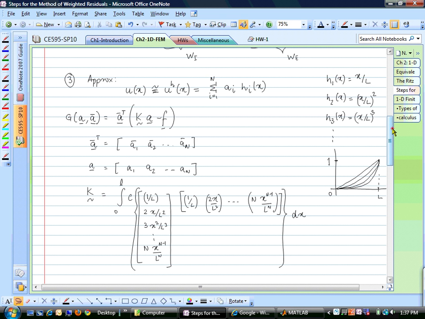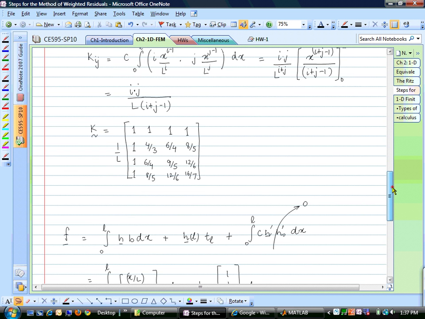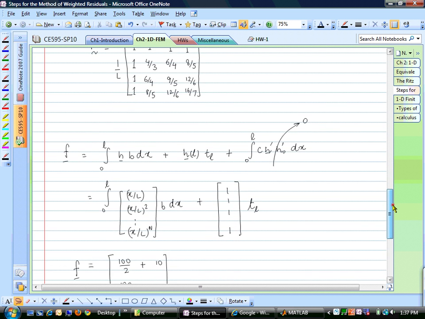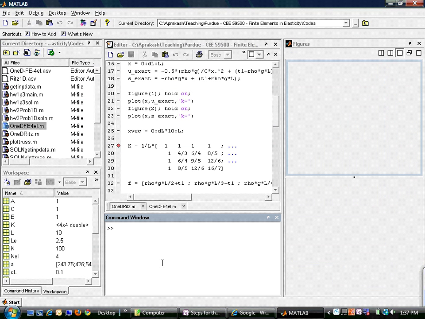All right, so then you write out your H prime vector in this form, in the column vector form and the row vector form. You form your stiffness matrix. Similarly, we calculated the load vector, and we took a look at how it behaves.